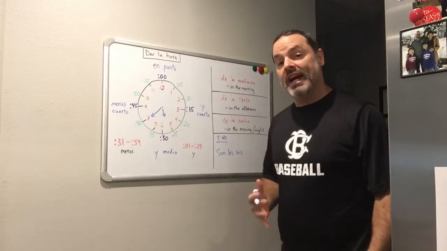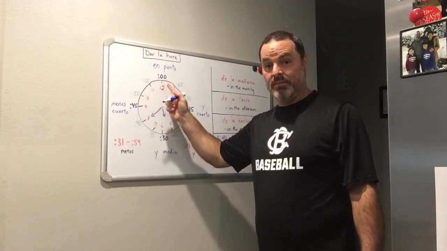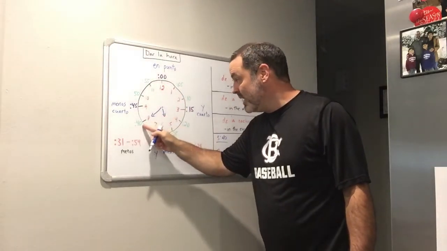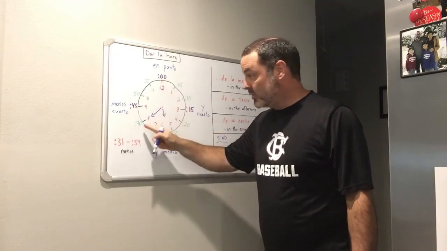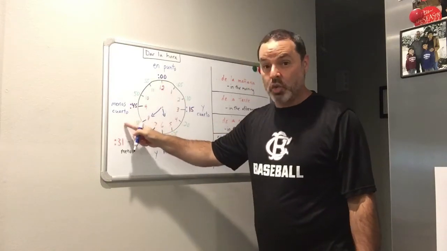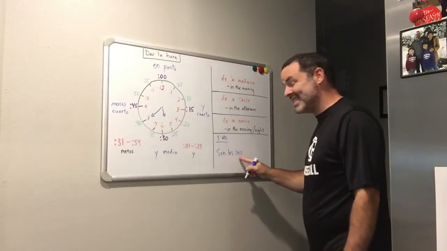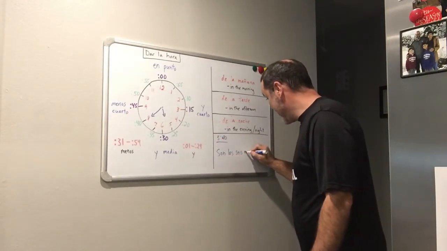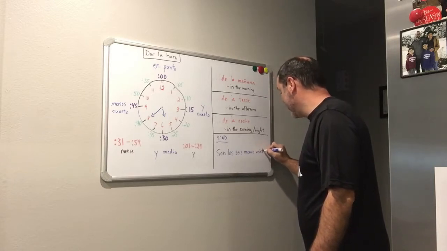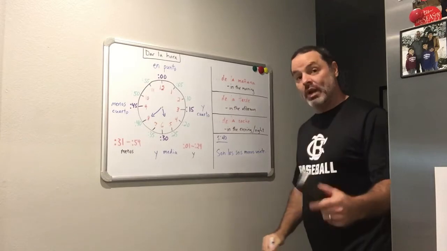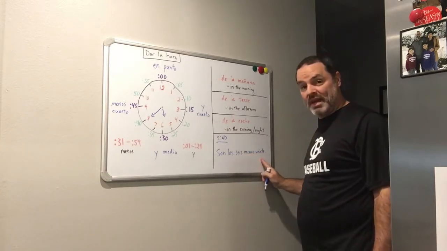Now for the minutes, I have to subtract. There are 60 minutes in an hour. I am 20 minutes away from this next hour, right? Because 40 plus 20 equals 60. So it's son las 6 menos 20. Okay? So now what I'm saying is it's 6 minus 20 minutes.